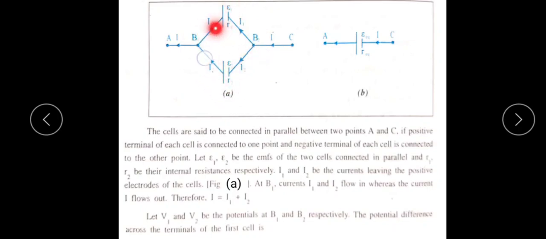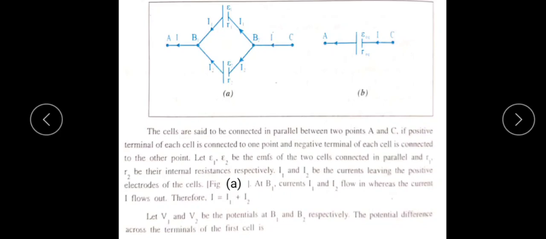See, the positive terminal of the first cell and the positive terminal of the second cell are connected to one point. Then the negative terminal of one cell and the negative terminal of the other cell are connected to one more point. And if the connection is like this, it is called a parallel connection. Parallel connection means all the cells are connected to only two common terminals.